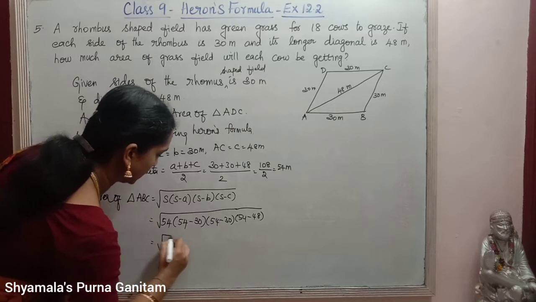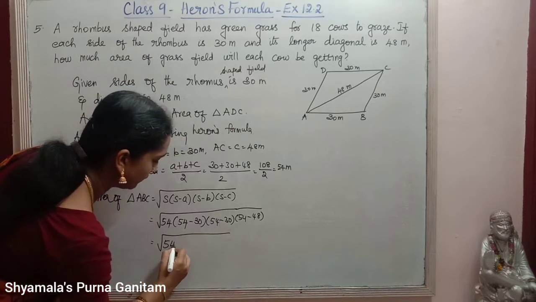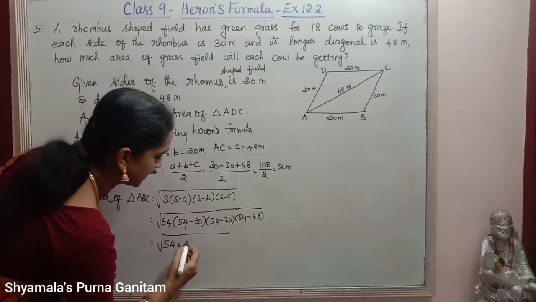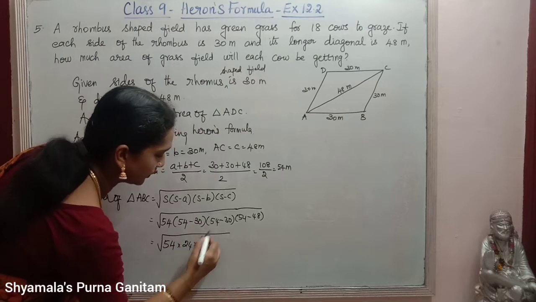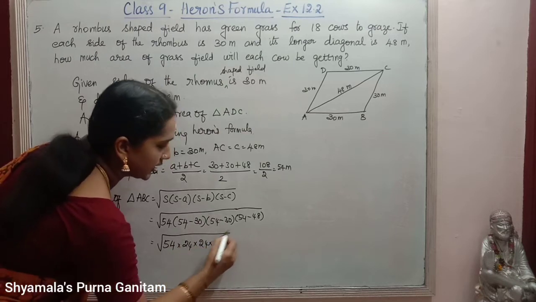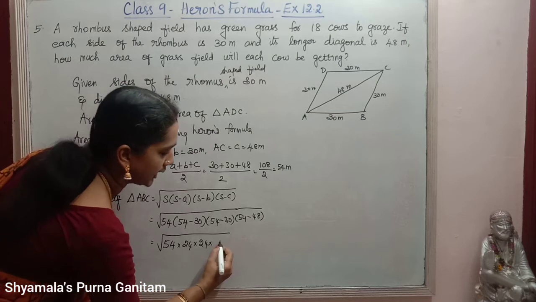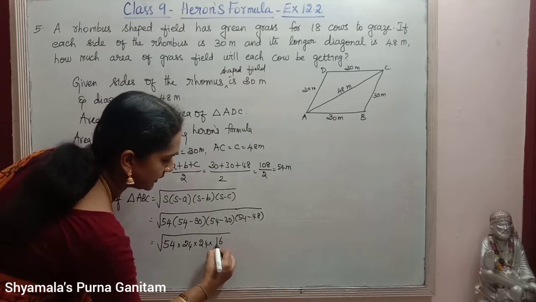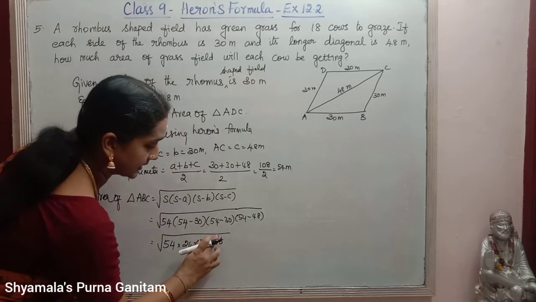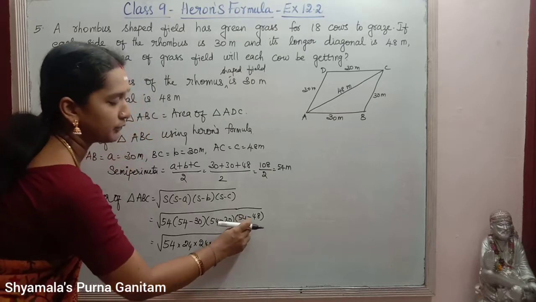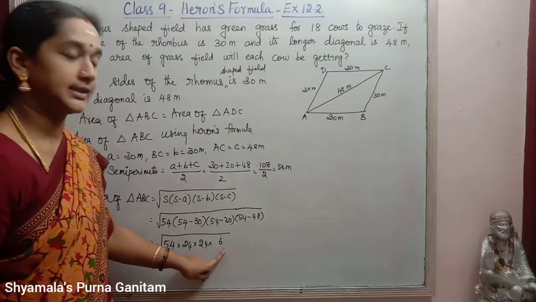This is equal to root of 54 into 24 into 24 into 6, since 54 minus 48 is 6.